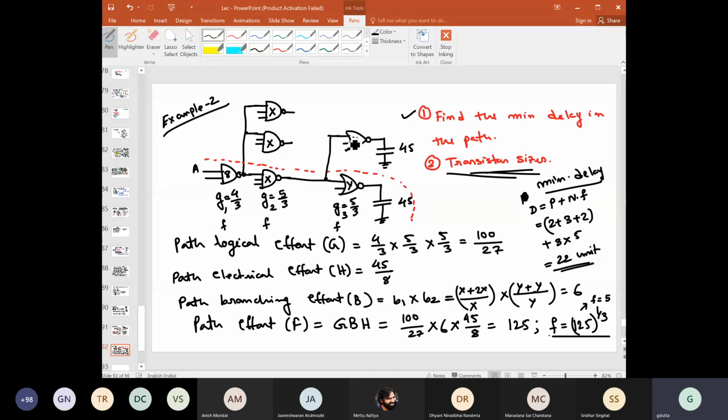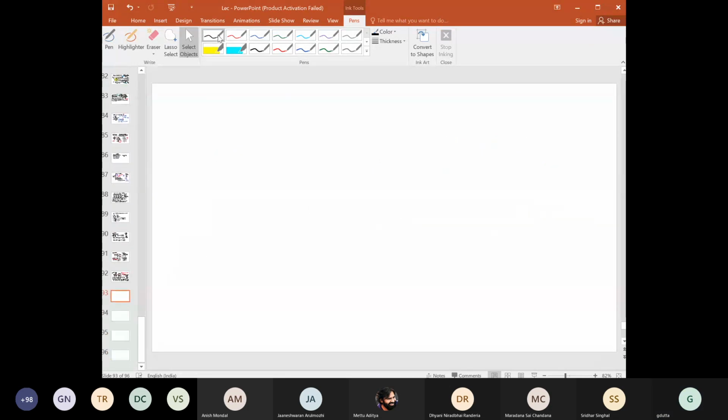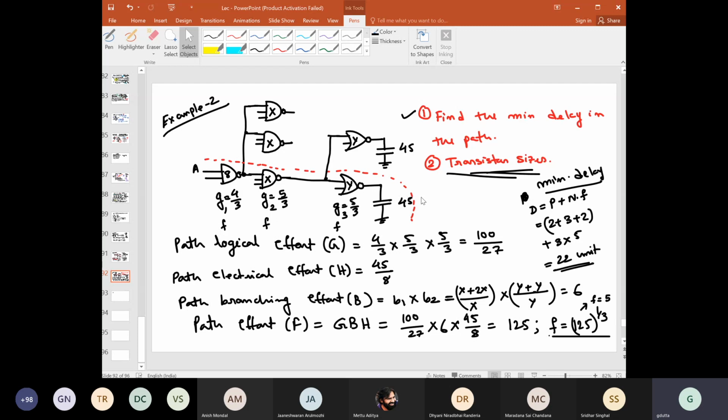So we'll start with the 2 input NOR gate. To find this Y, Y is driving an output capacitance of C45.